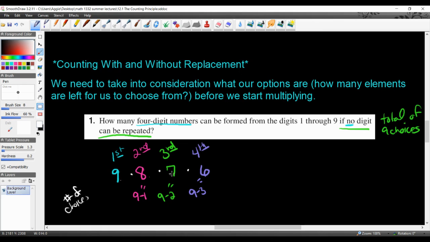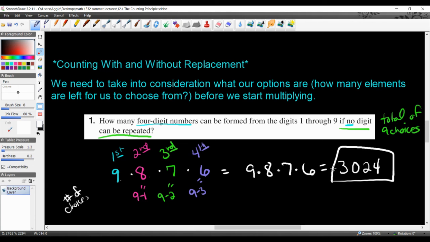So 9 times 8 times 7 times 6. Let me write that nice over here. 9 times 8 times 7 times 6. Let's see what that gives us. I'm using my calculator here. 9 times 8 times 7 times 6 equals, I'm getting 3,024.